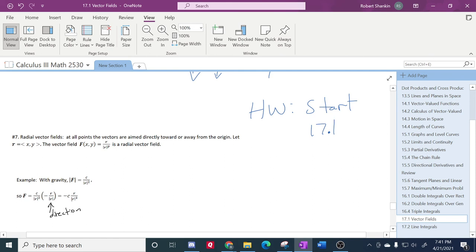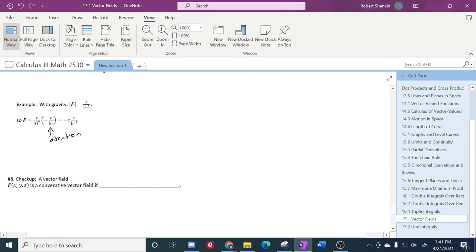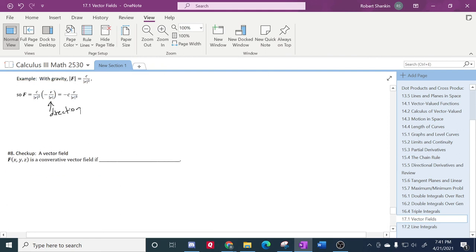And when you multiply them together, notice how you get a third power over here. And so it's an example of a radial vector field. All right. And we don't have a whole lot of time, so I'll go through these quick.